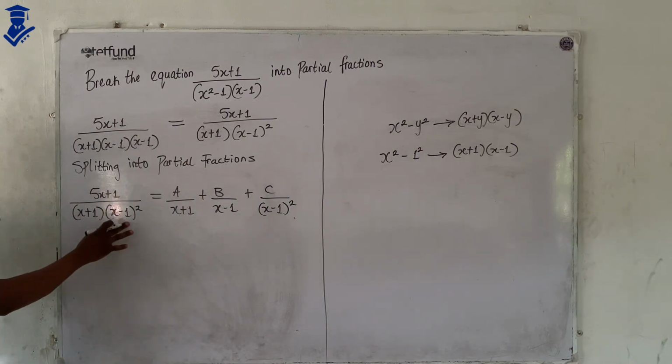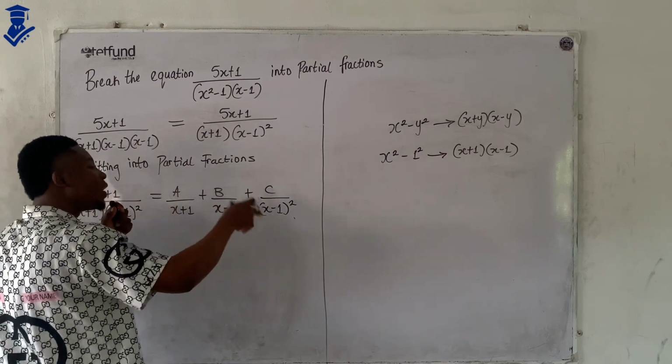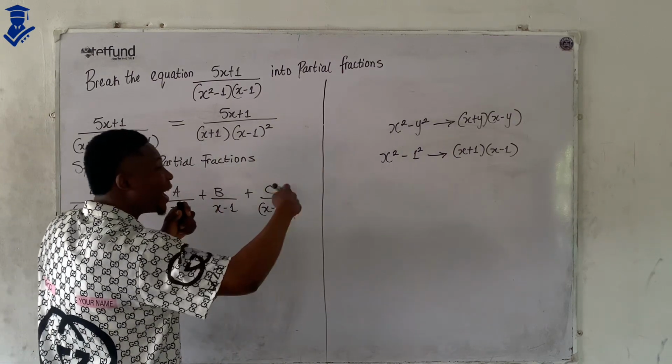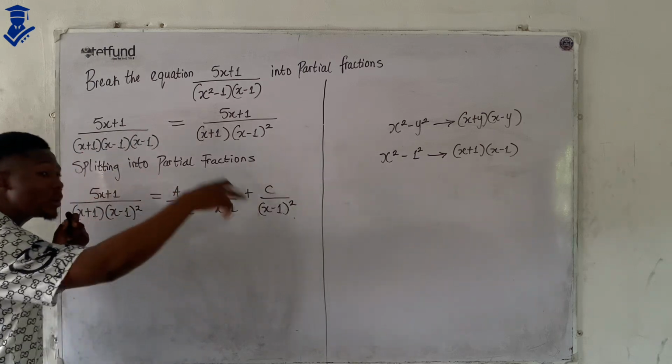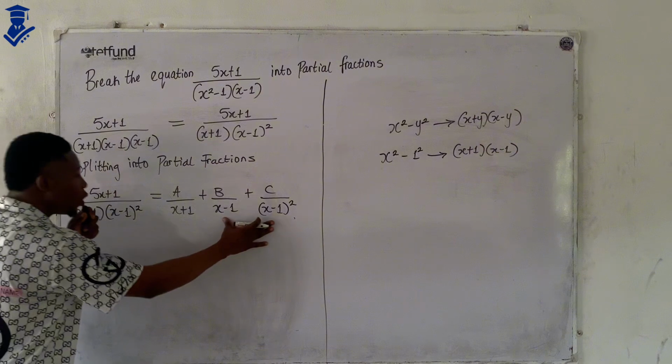Now, if it was to the power of 3, it would be b over x minus 1 plus c over x minus 1 squared plus d over x minus 1 to the power of 3. So resolving this, it becomes this.